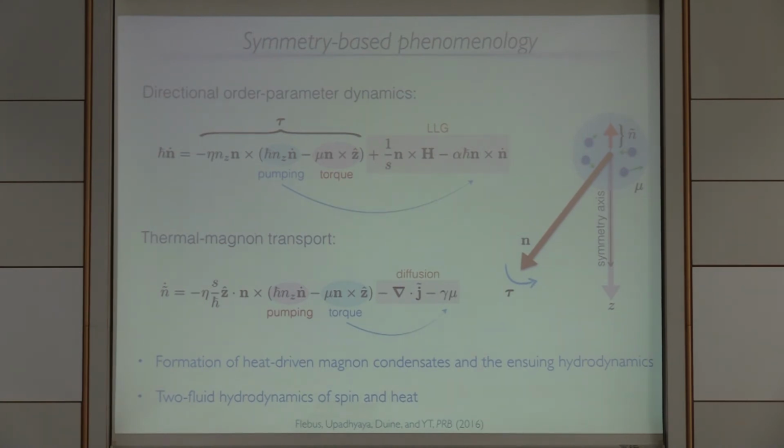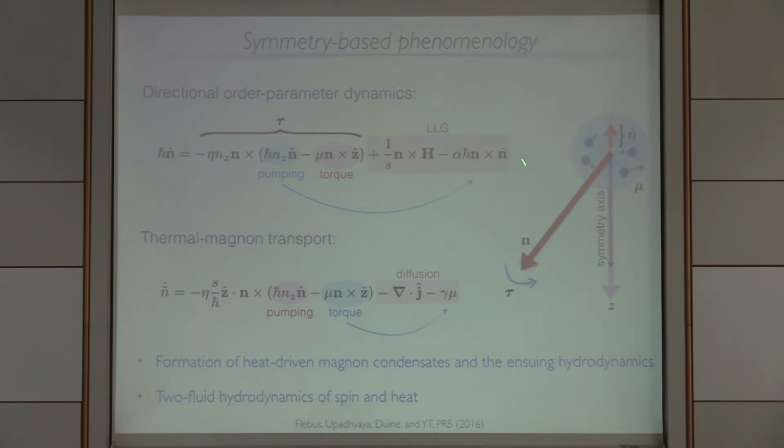This is the kind of torque that would be responsible for condensation if you have means to pump the thermal cloud of magnons, namely raise the chemical potential. If the chemical potential is raised and becomes larger than the gap of the magnon spectrum, at least in the absence of Gilbert damping, that would lead to instability, and that instability is captured by the torque and the reciprocal pumping of the coherent dynamics into the thermal cloud.